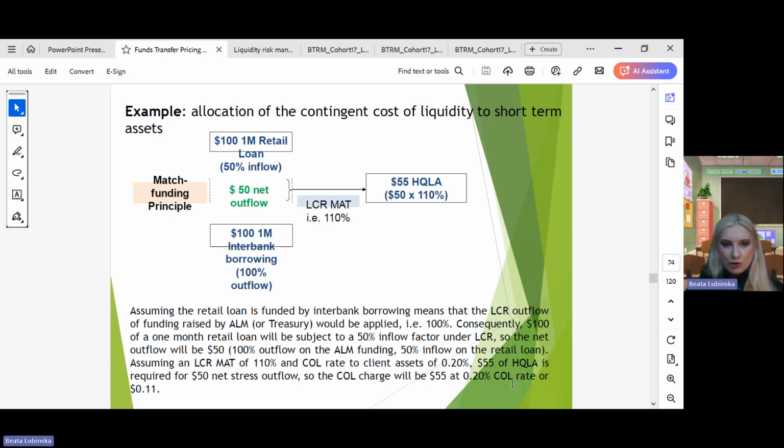So what I'm going to show you, starting immediately in the next video, is the example of allocation of contingency liquidity to short-term assets and liabilities.